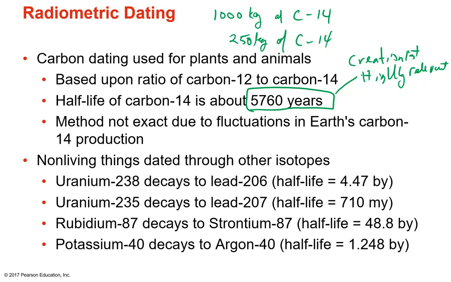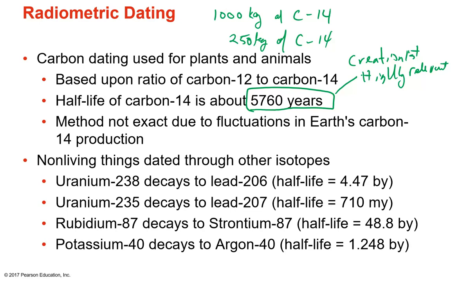But if you believe in either an old Earth creationist or the evolutionary idea, where the Earth is billions of years old, and life on this Earth has been around for at least 541 million years, then 5,760 years is a small amount.